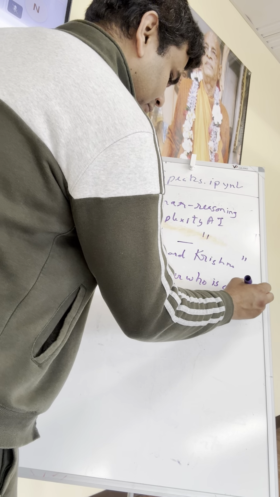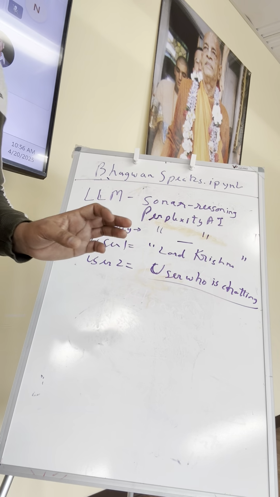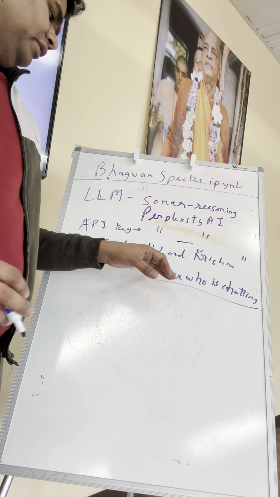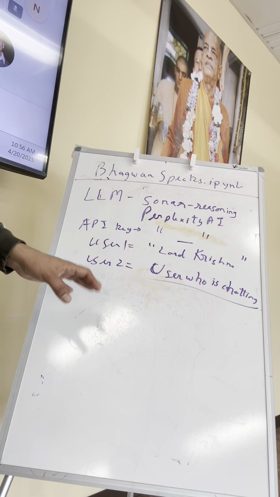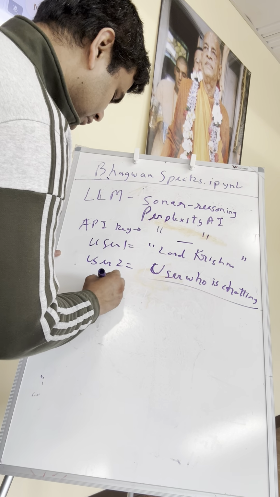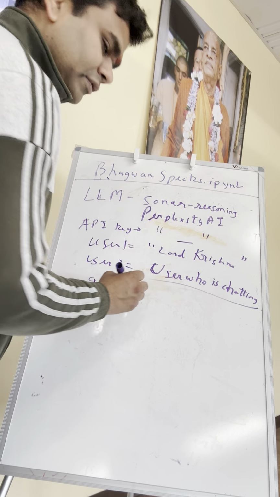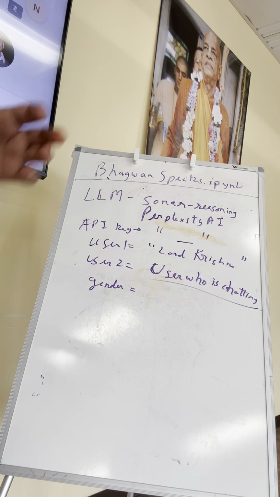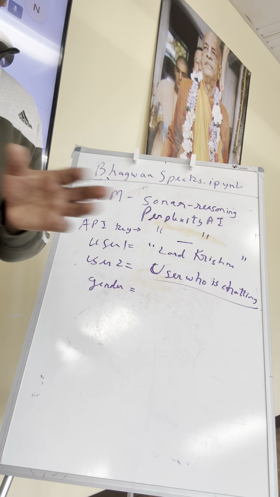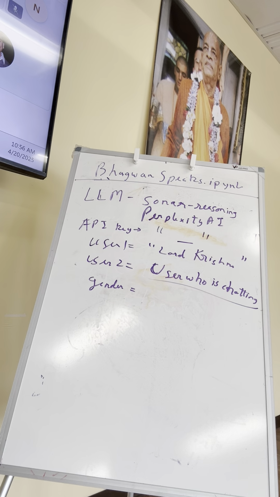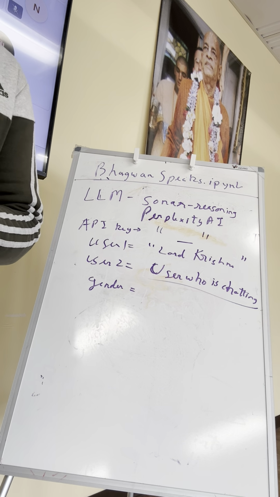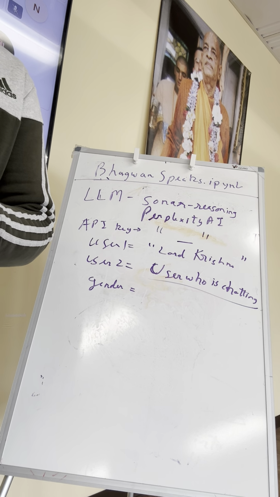Yeah, you can change the name. So here you can put your name, and accordingly you can put the gender also. Accordingly it will say Prabhuji or Mataji. So you need to make sure the places where user 2 is defined are the same. Yeah, both places are the same.